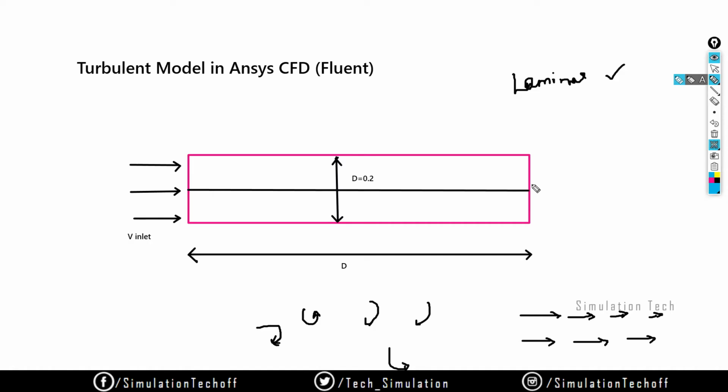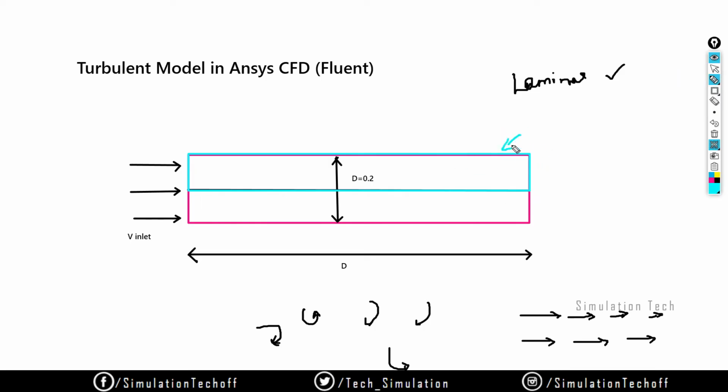This acts as an inlet and this acts as an outlet, and we have some distance in between. We will design this model using Design Modeler, and in this case also we can solve the problem using a symmetrical condition. We can model only half of the section like this, and revolve it, and assume this as the center line.